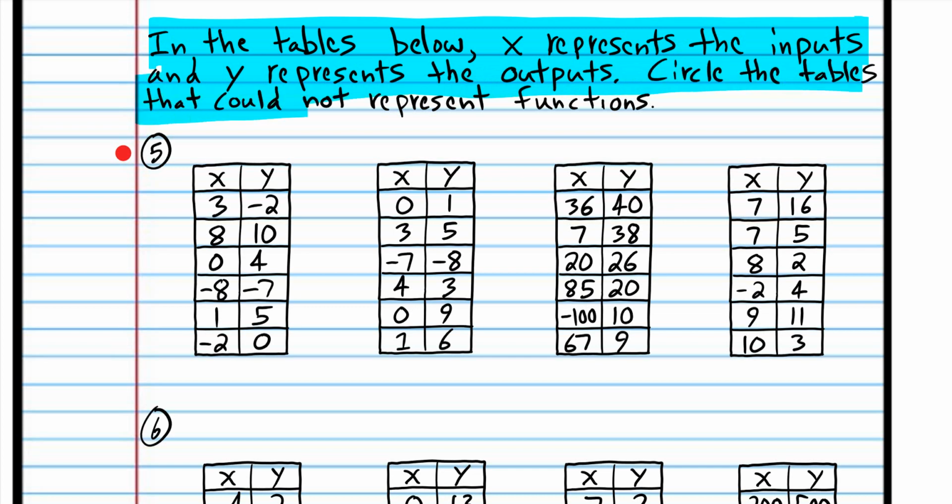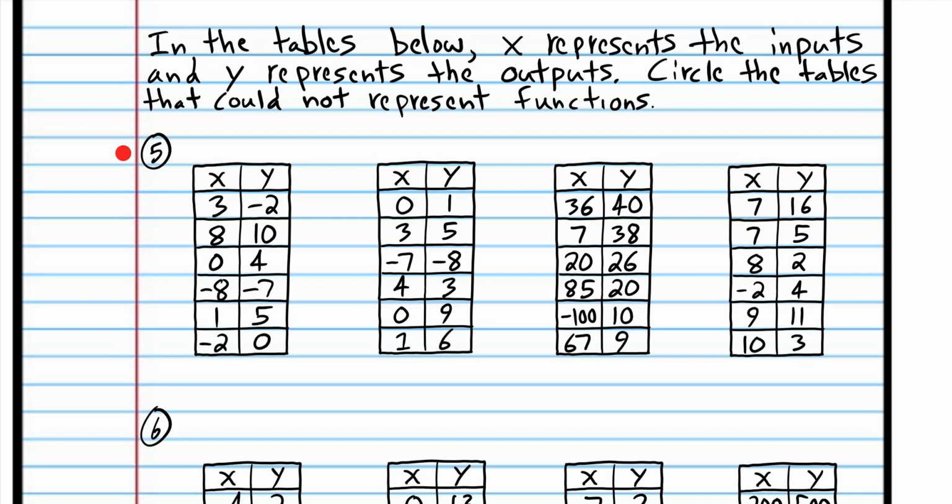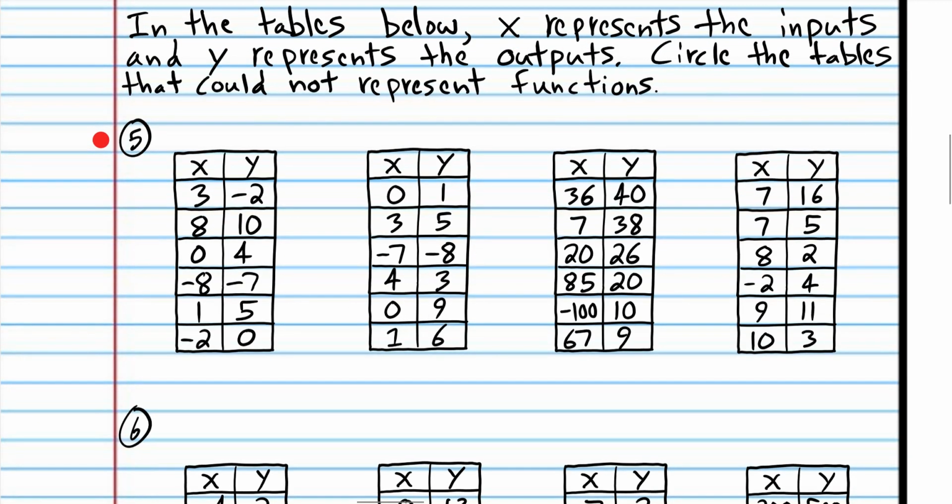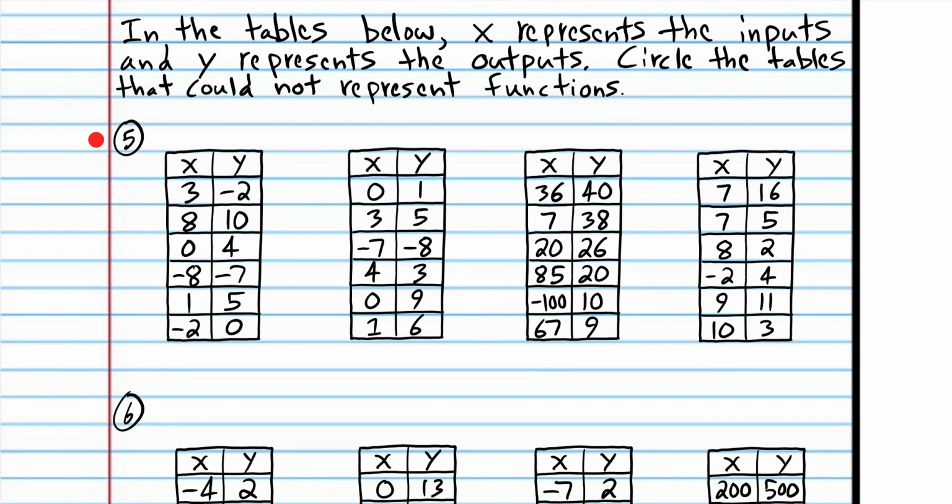Circle the tables that could not represent functions. So some of these tables can represent functions, some of them cannot. So let's look here. So we have our inputs, and for each input we only have one output.